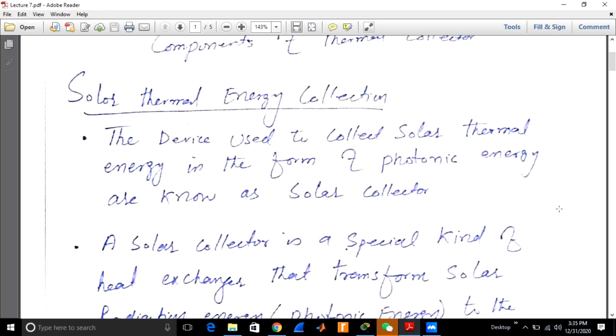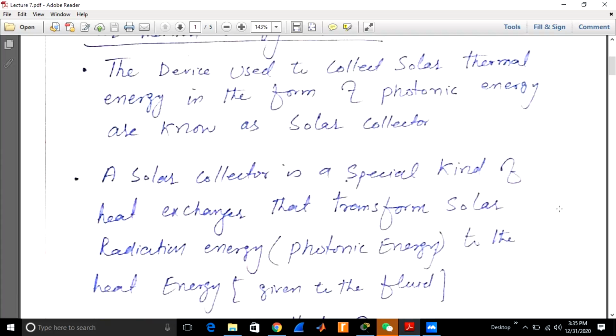A solar collector is a special kind of heat exchanger that transfers the solar radiation energy, meaning photonic energy, into heat energy. And how is the heat energy given?